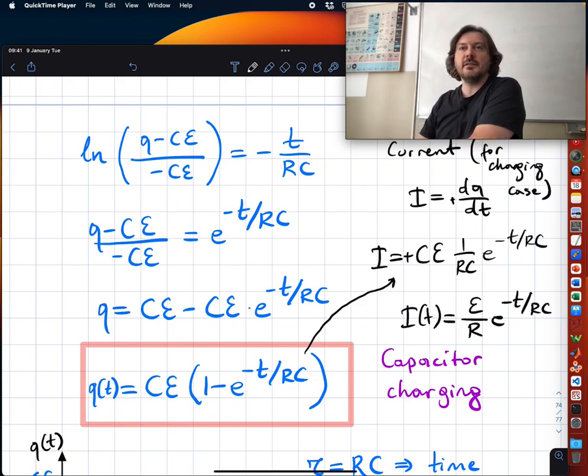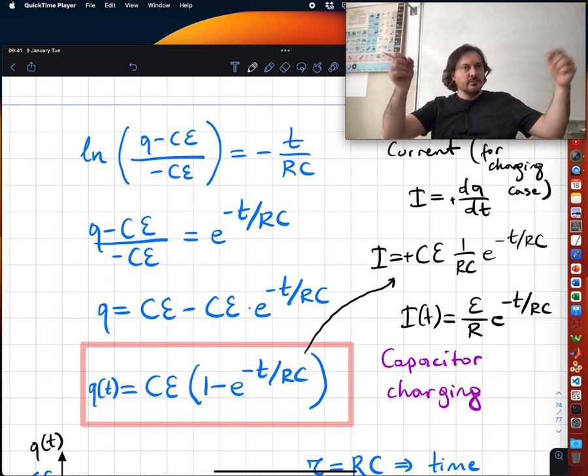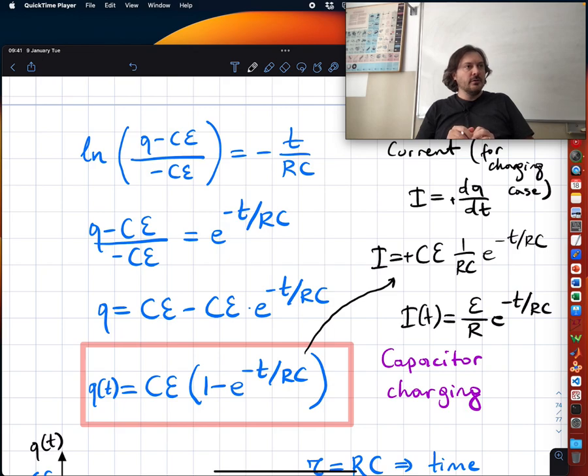In both cases, let's say you have a lamp, you have a capacitor, and you have an EMF source. You connect it to charge. At first, the current is high, then it dims out, right? Then you take away the battery and you discharge it. At first, the lamp is bright, and then it dims out.